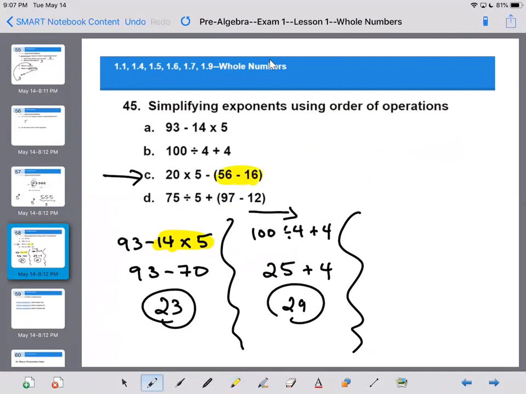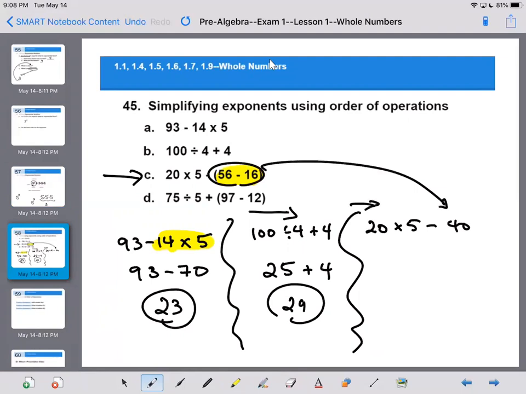So 56 minus 16 is going to be 40. Now that I've simplified that part, I'm still looking left to right, and I see multiplication and subtraction. 20 times 5 is going to be 100. 100 minus 40 will give you 60.